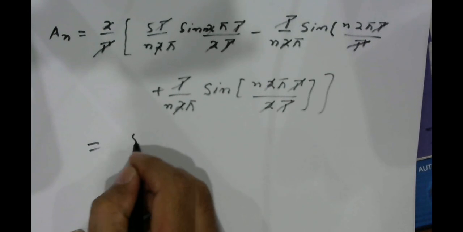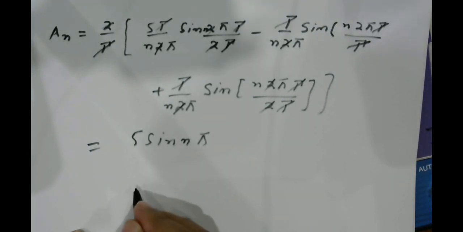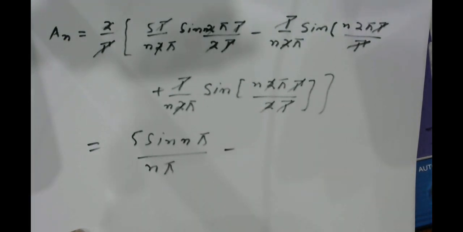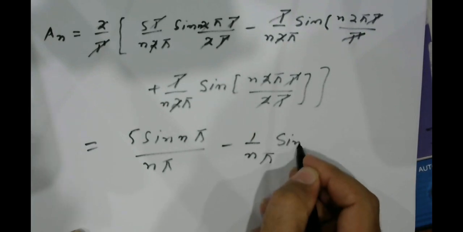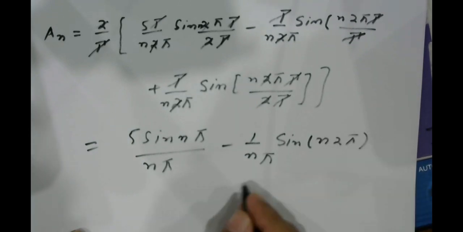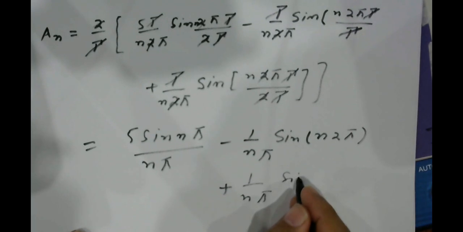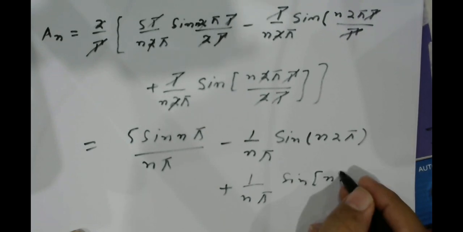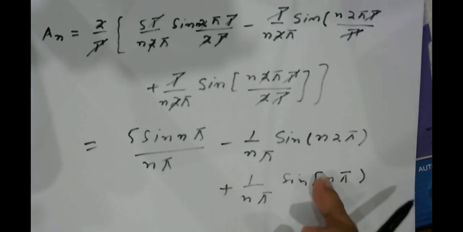So what you're gonna get, you get 5 sine, here you are only left with n and pi, and in division you have n pi, right, minus, here you get 1 by n pi, and then this will be sine n 2 pi, okay, n 2 pi, and then plus 1 by n pi, and sine of n pi, okay. So this is what you get in the end.